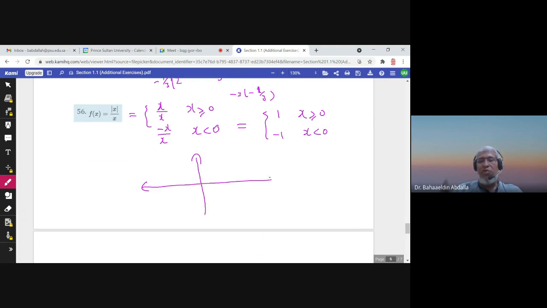So this is a piecewise function. To the right of 0, y equals 1. To the left of 0, y equals negative 1. And this point is not included because the equality sign is with the right part. So this is the graph of this function.